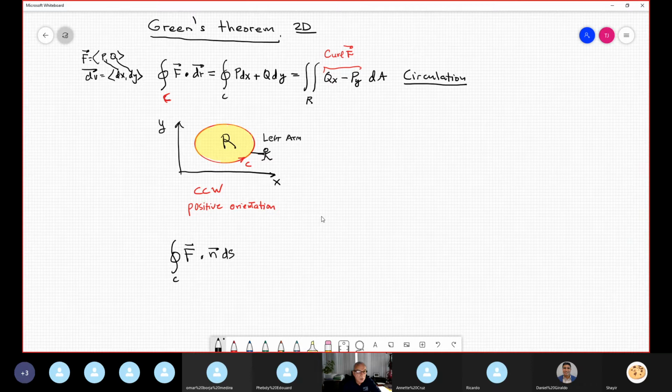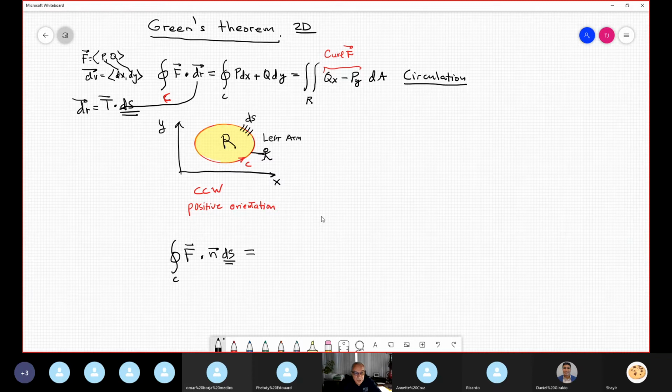Remember, another way to express dr is the vector dx, dy, or the tangent vector times ds, and this ds is exactly the same ds. This is the infinitesimal arc length element inside the curve, ds.